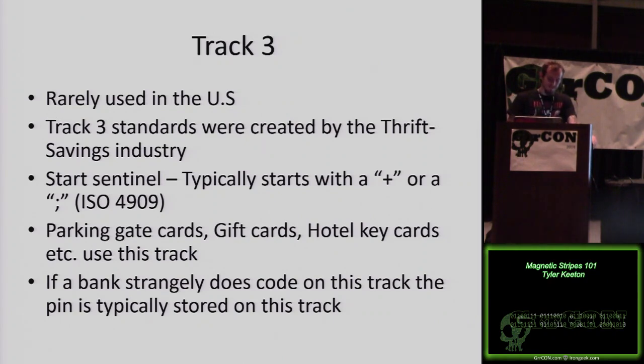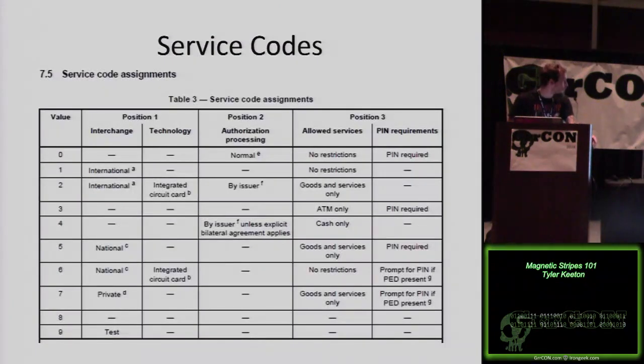So, service codes. Every card has one, and it basically denotes where you can use the card and what's on the card. For the most part, with financial cards and some gift cards, you usually have a service code of either 101 or 201.